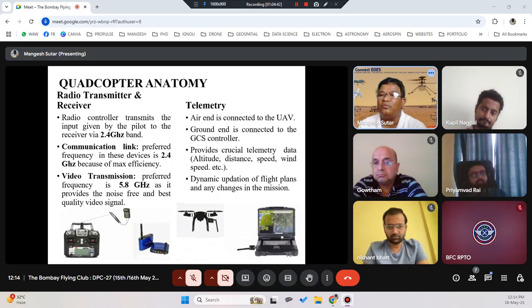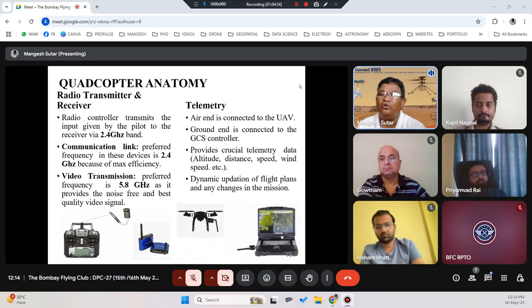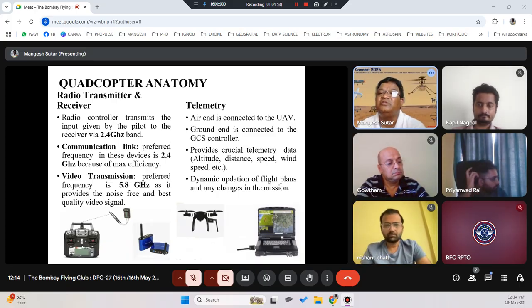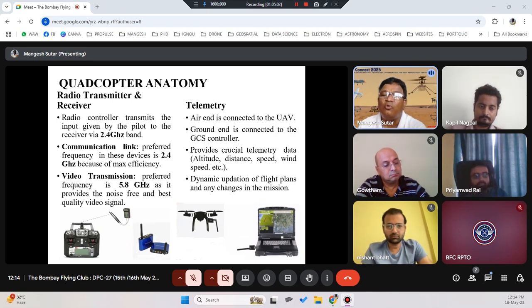We are using the H16 remote control, which is a very high quality remote control. It costs almost 1.5 lakhs, or around 1,25,000 rupees. Whereas this basic remote controller, you get for 5,000 to 12,000 rupees, at most 20,000 rupees, not more than that.